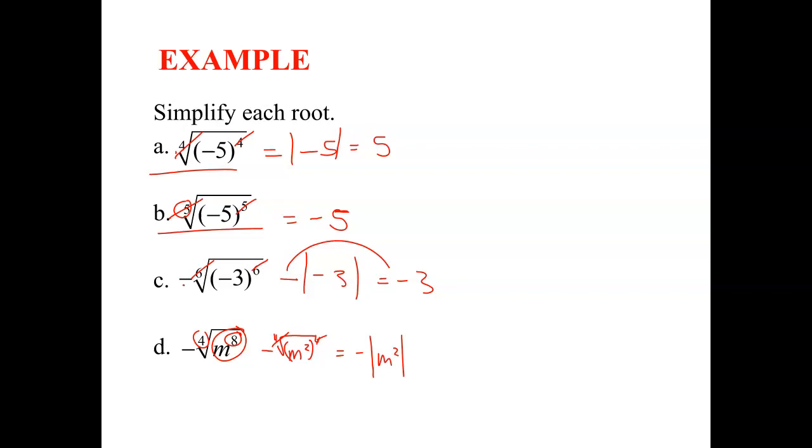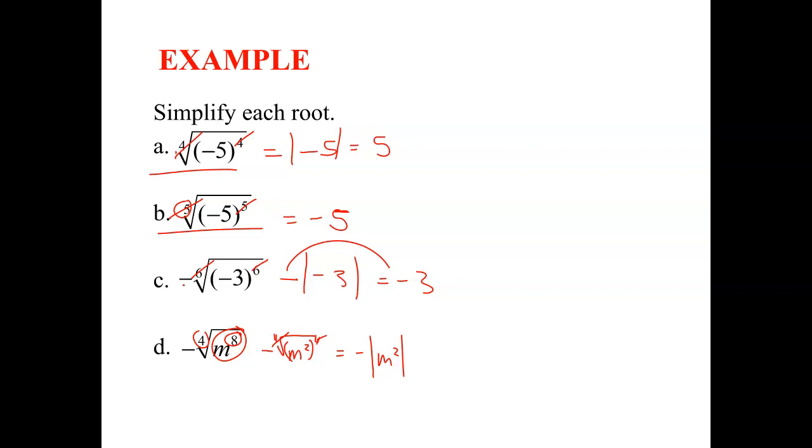Now, keep this in mind. When I square something, that number always becomes what? Positive. When I do the absolute value, that number always becomes what? Positive. So that positive nature is redundant. No matter what value I plug in for m, the square is going to make it positive.